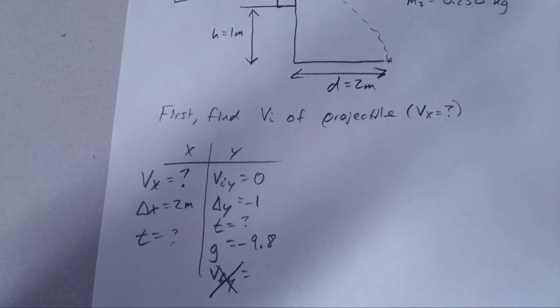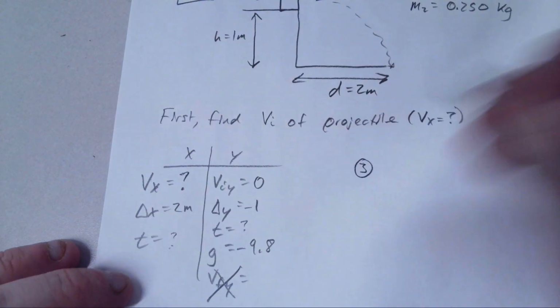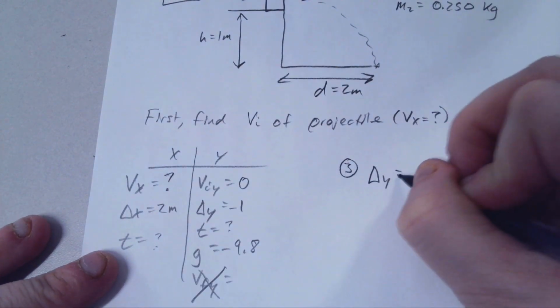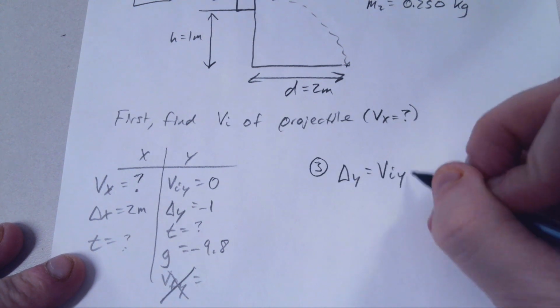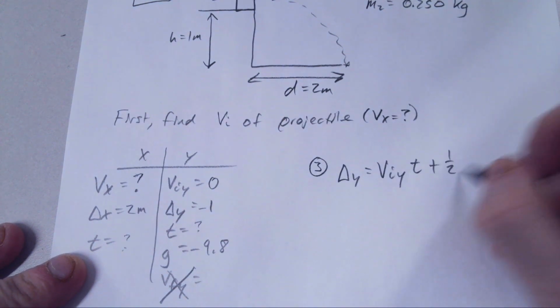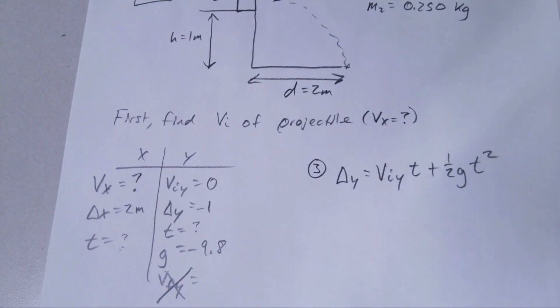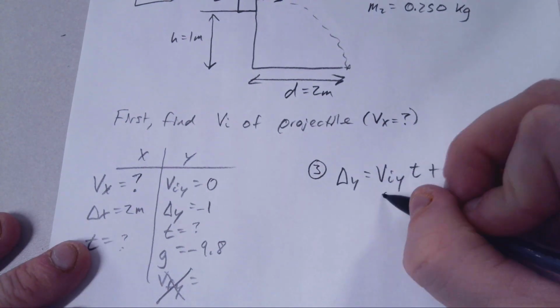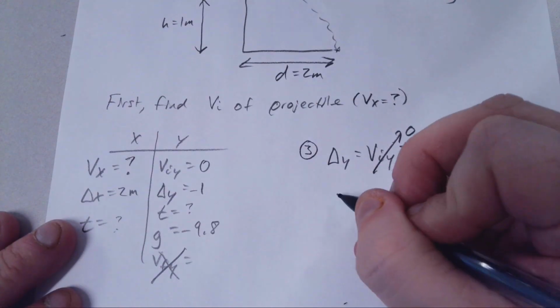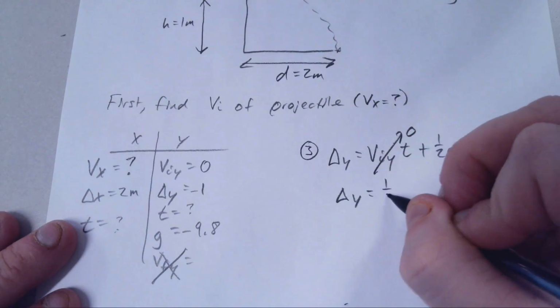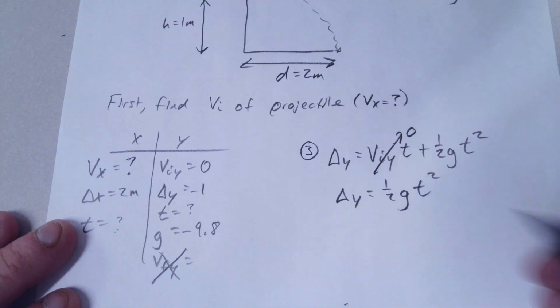If we use what I call the quote-unquote third equation for my class, delta y is equal to Viy t plus 1/2 g t squared. Now, originally we would have to use the quadratic here, but because the initial velocity in the y direction is 0, that goes away. Delta y equals 1/2 g t squared. There's your t.